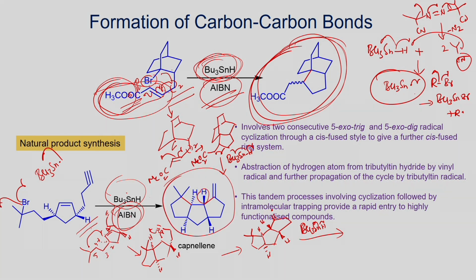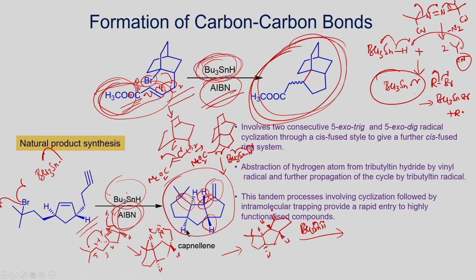The stereochemistry you can see here, since you make the 5-membered ring it should be syn, and here the cyclization takes place. What you do here is make a tandem cyclization, you make a tricyclic compound where you make two carbon-carbon bonds, and with the exocyclic methylene group.